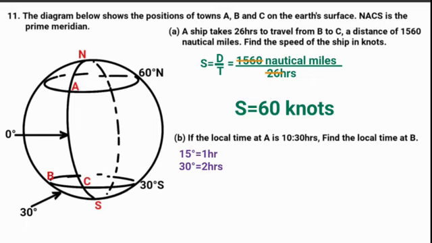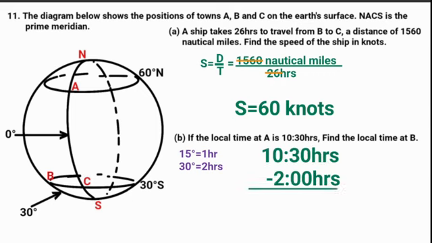So we write 10:30 hours minus 2 hours, where 2 hours is the time difference between town A and town B. That gives us 08:30 hours. So the time at town B is 08:30 hours.